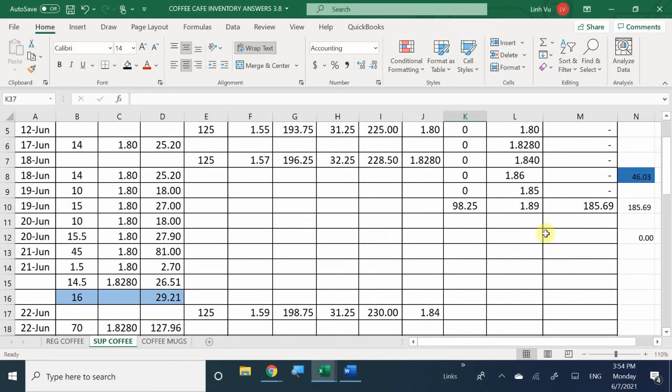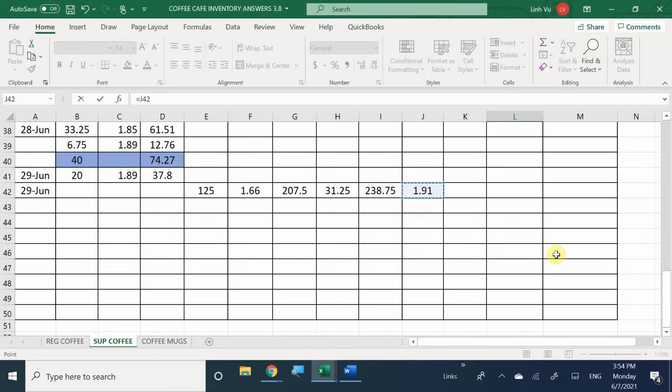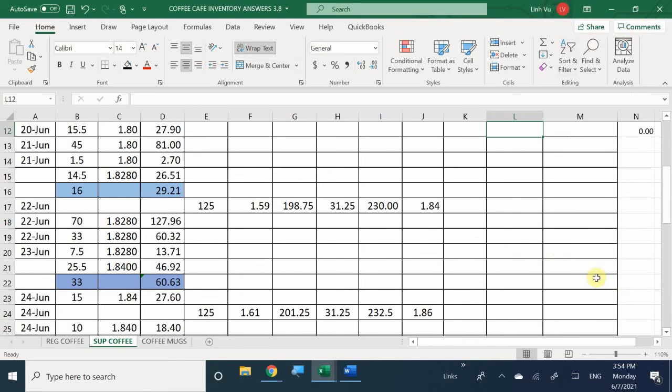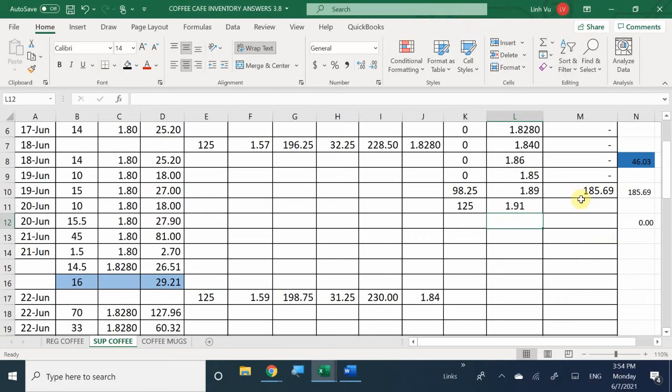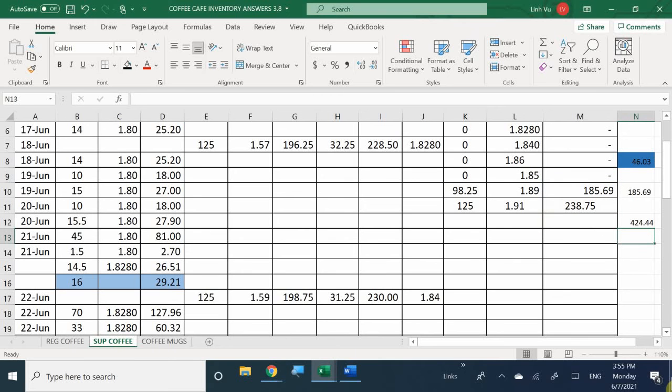So we're going to have 125 pounds at $1.91, which gives us $238.75, which brings our current balance to $424.44.